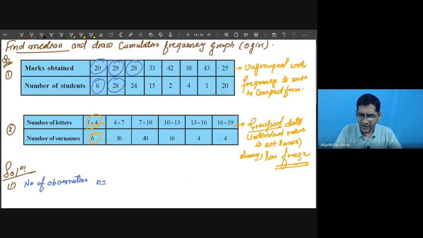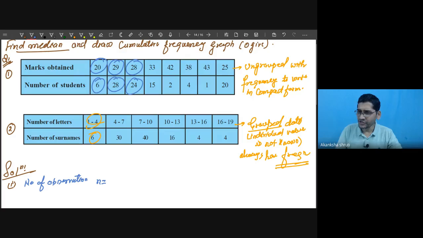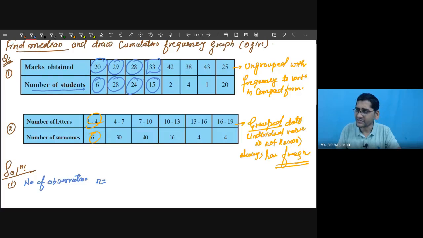The next data, 28 is 24 times. The next data, 33 is 15 times. So the total number of observations is simply the summation of their frequencies.